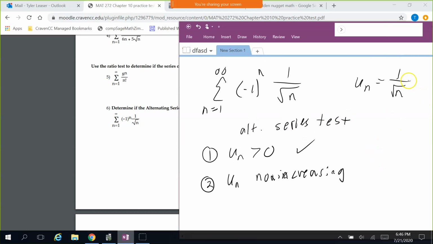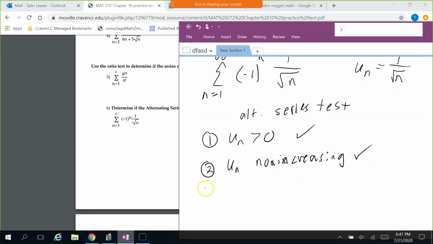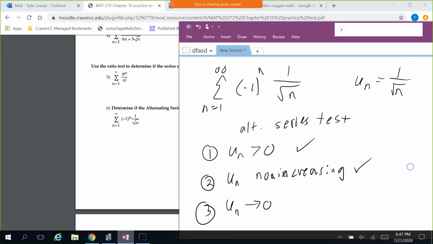This one I'm also not really going to prove all that much because I hope it's obvious. As I keep plugging bigger and bigger numbers in for my n, it's going to make the denominator bigger, which is going to make the whole thing smaller, so it is decreasing. The last thing that you have to show for the alternating series test is that your u sub n as a sequence converges to 0.